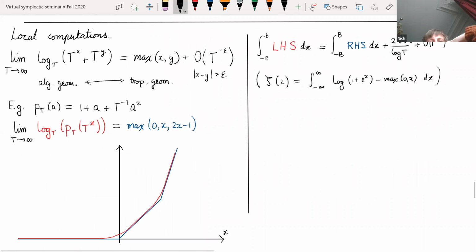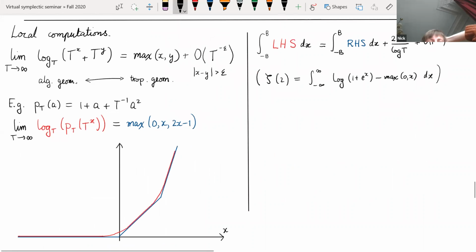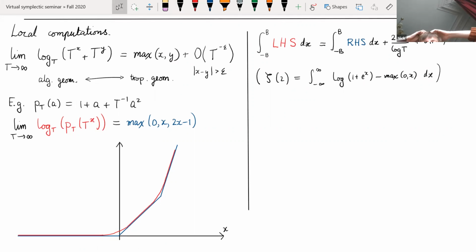Okay, so now's the fun bit of the talk, which you can understand even if you're lost with the rest of it. It's about how we actually do these local computations and where these strange Riemann zeta values come from. So it's all about, sorry, is there a question?